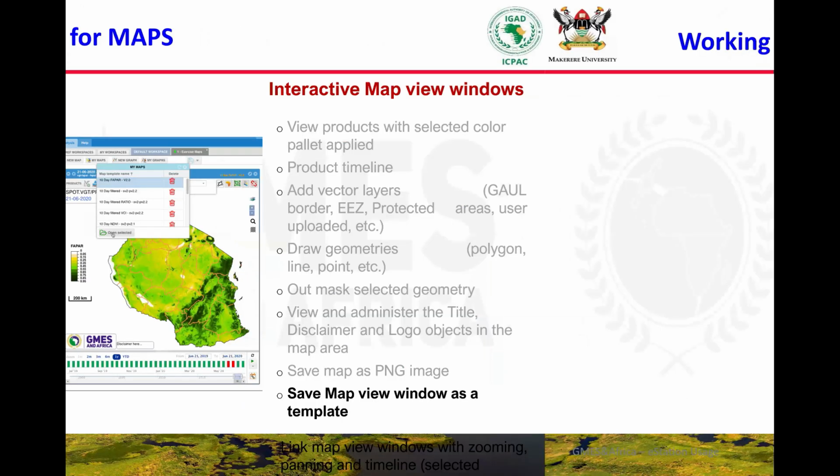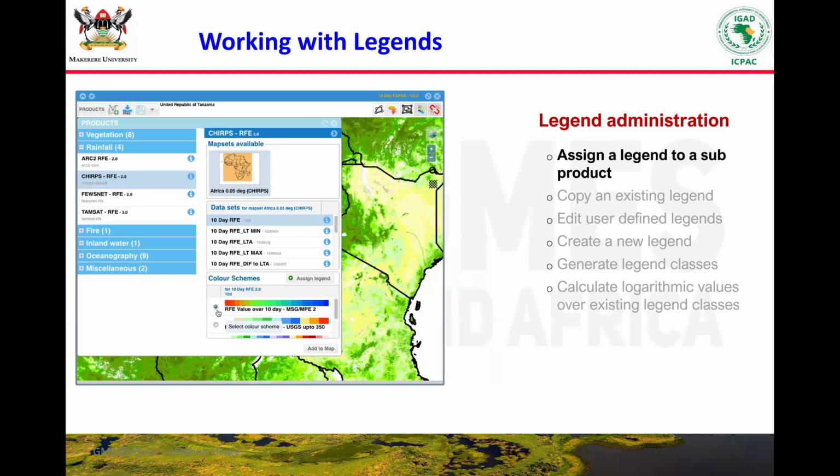So let's go to the legend. As you saw, when I was adding my map products, I click on the category, and then when I open the category, I pick a product. But immediately I click on the product, it opens a map set, which allows me to access more sub-products. And then before adding it, I need to select a particular legend. So that is what we are going to look at in our next chapter.